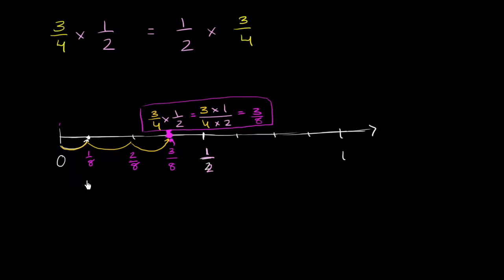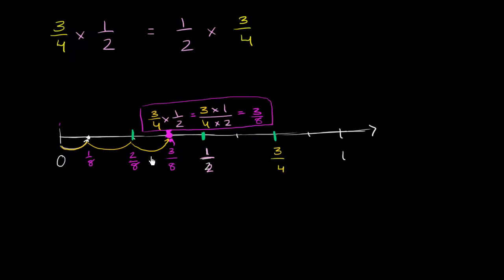But what if we thought about it the other way around? What if we thought about it as 1/2 of the way to 3/4? So we could divide the space between 0 and 1 into 4ths. So that is 1/4, 2/4, 3/4. So this right over here is the number 3/4, and we want to go half of the way to 3/4.